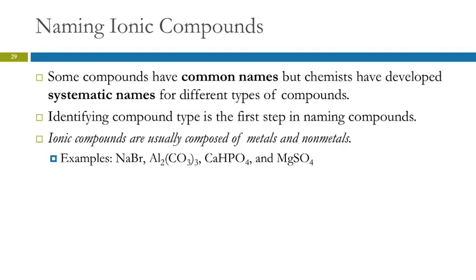So there is a system for naming all compounds so that each compound has one best correct name. We're going to learn how to use the system. The first step is identifying what kind of a compound you have, because different kinds of compounds have different patterns for naming.